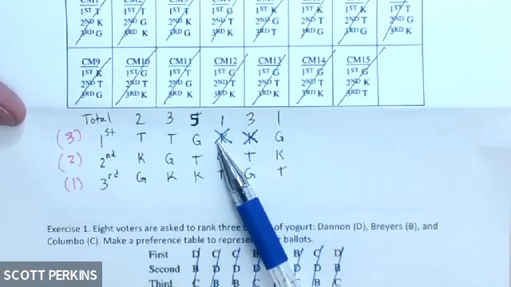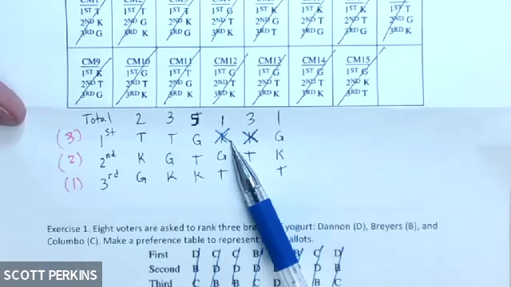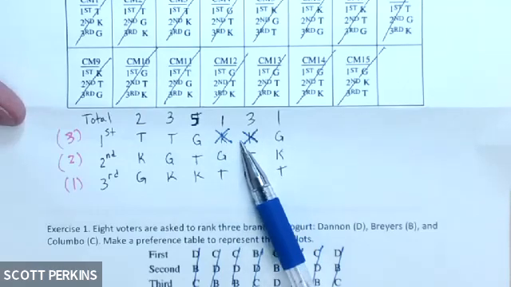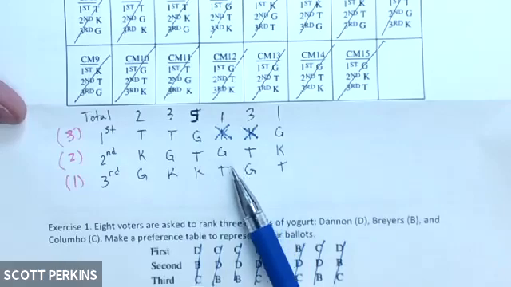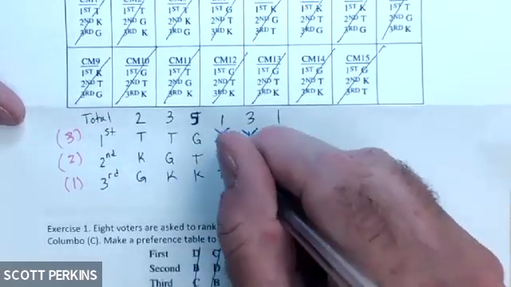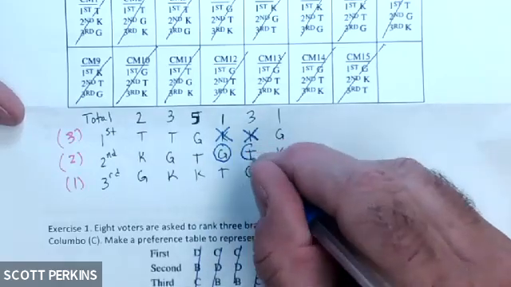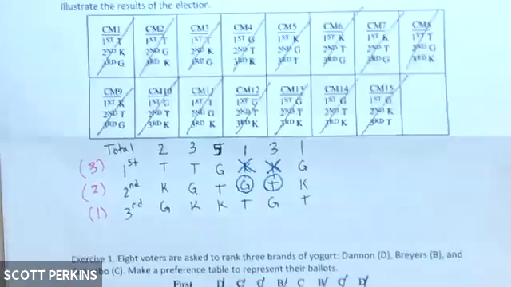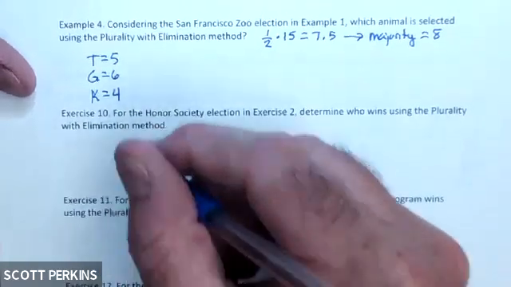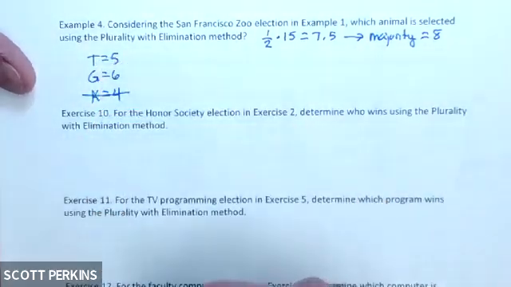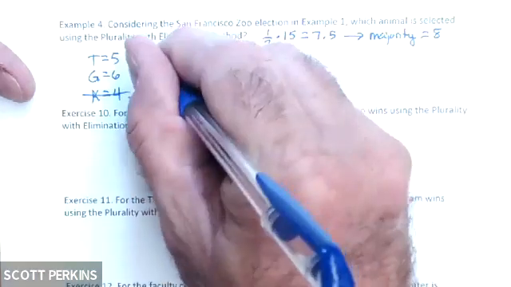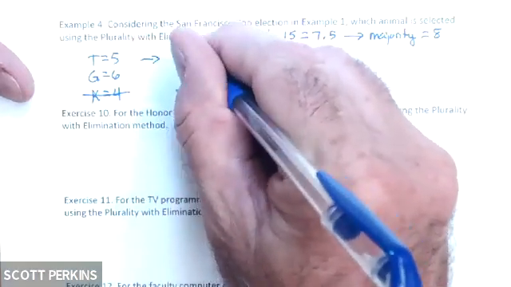I crossed out the kangaroo's votes because the kangaroo got the fewest number of votes. Now I'm moving down. And so the giraffe is going to get this one vote here, and the tiger is going to get these 3 votes. So let's go back to my page. I'm going to cross out the kangaroo. And we said that the tiger got 3 more votes. So the tiger becomes 8.